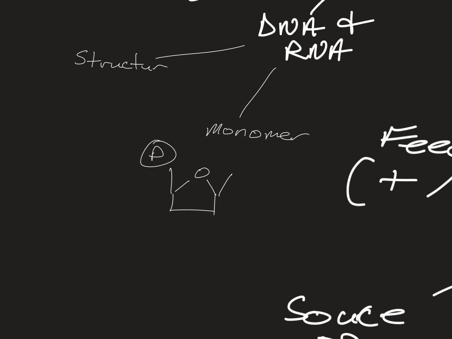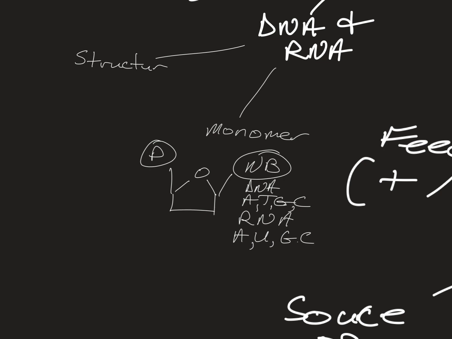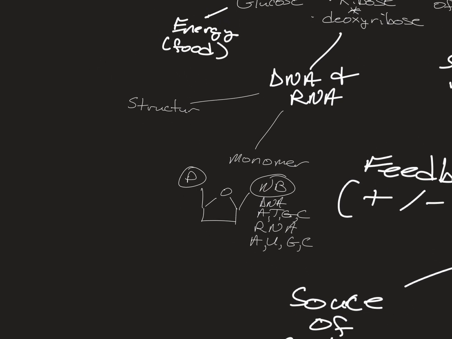We know that there's a nitrogenous base. We know that the nitrogenous base in DNA can be A, T, G, and C. And in RNA, it can be A, U, G, and C. T gets changed for U.